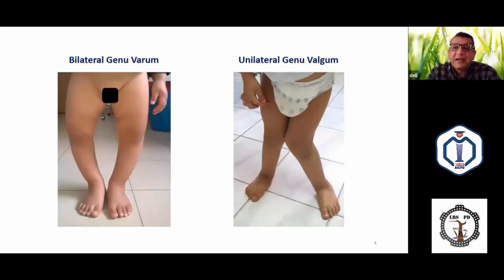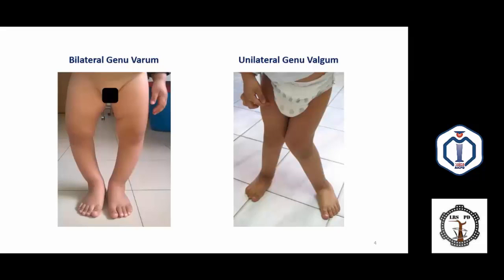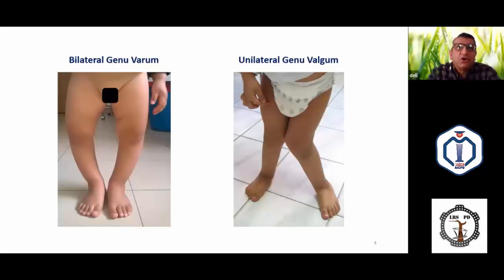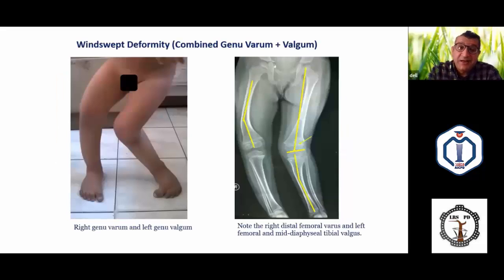These are clinical examples of the common variants of the clinical presentation of rickets. This is a case of bilateral genovarum, and another case of unilateral genovalgum, and sometimes, less frequently, we see combined genovarum and genovalgum in the same patient, a deformity known as windswept deformity.